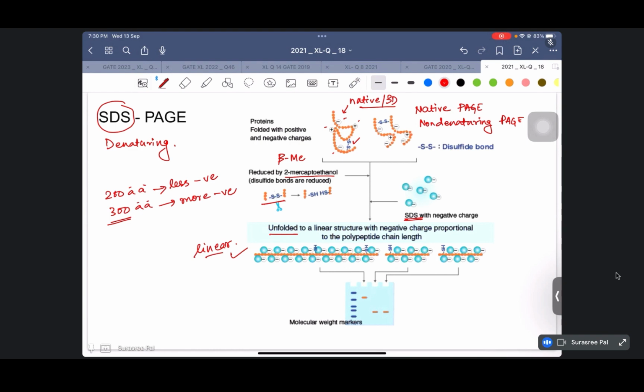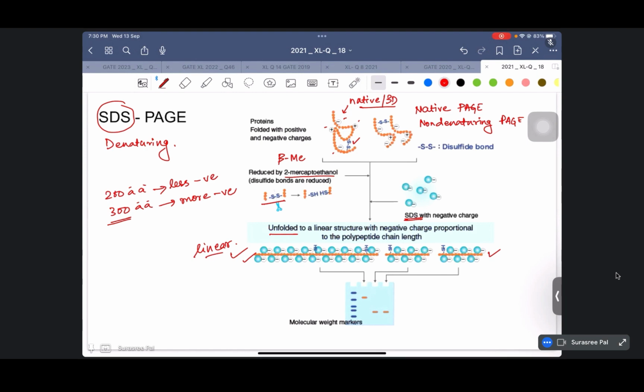So you can see here that this particular chain which is shorter has less negative charge, whereas this particular chain which is longer has more negative charge. Now how does it help? If you have more negative charge, it will try to migrate faster, right? But the important thing is that this migration will be dependent on the molecular weight of the protein, because this long chain will face more resistance.